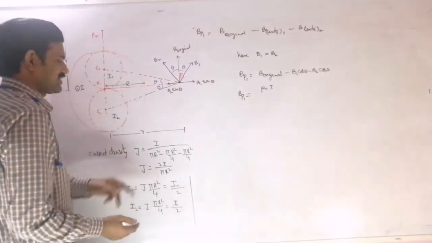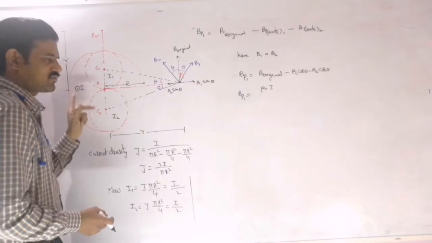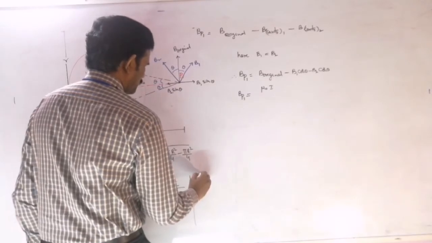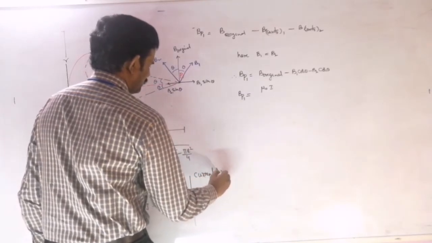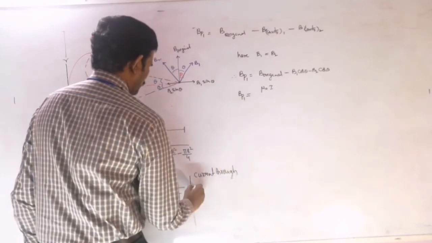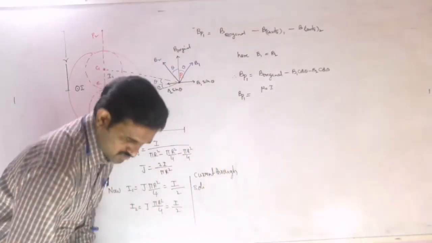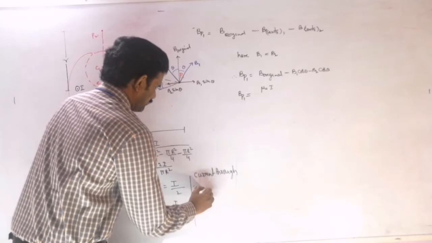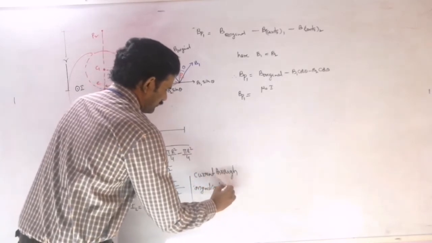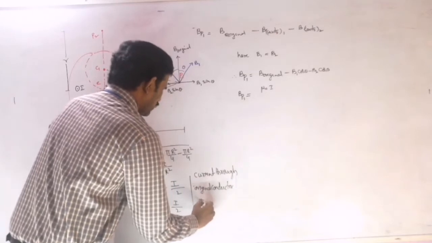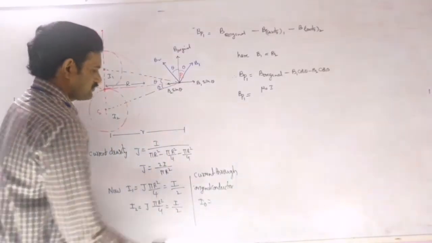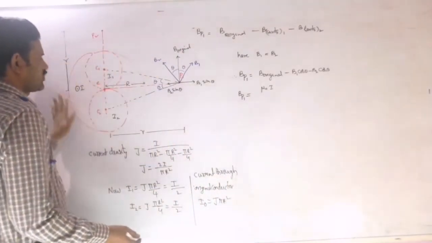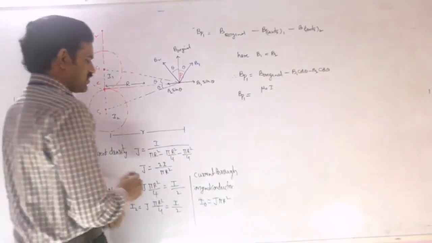I will write here, because I is the current passing through the remaining conductor, the solid. The current through the original conductor I am taking as I naught, and I naught is equal to J into pi r square, if originally the total current is flowing through the total solid conductor.